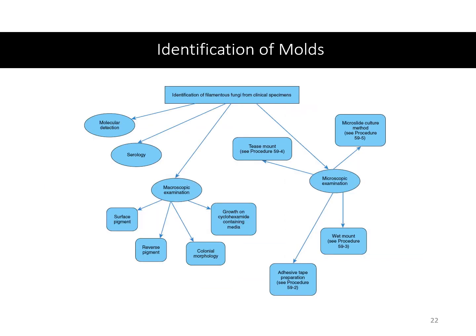Mold as well goes through a series of things that can help you to identify the particular mold. You can look at it macroscopically, and when you do, you are looking at it to see what it looks like growing on the plate. So not only are you looking at what it looks like at the surface of the plate, but you will also flip the plate over and see what it looks like on the underside of the plate.